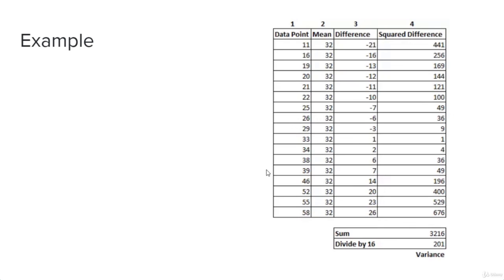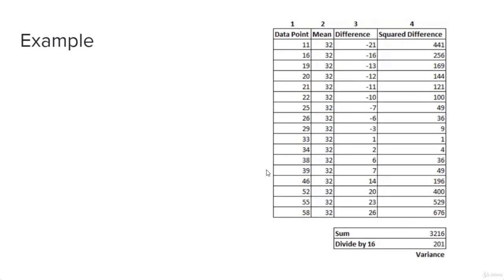As you can see, certain differences are negative. So the reason I mentioned before that we have a squared value is to convert the negative into positive.